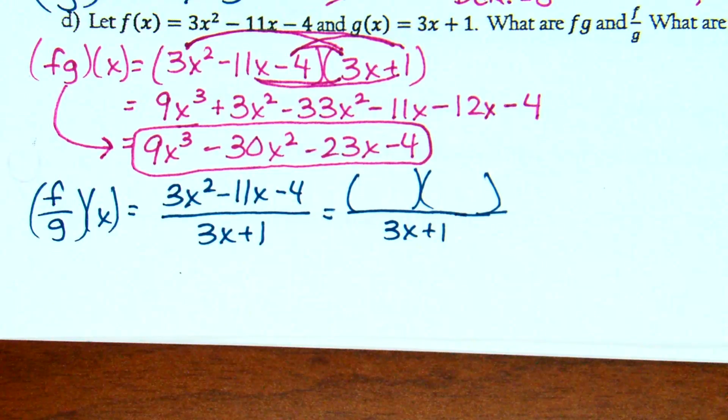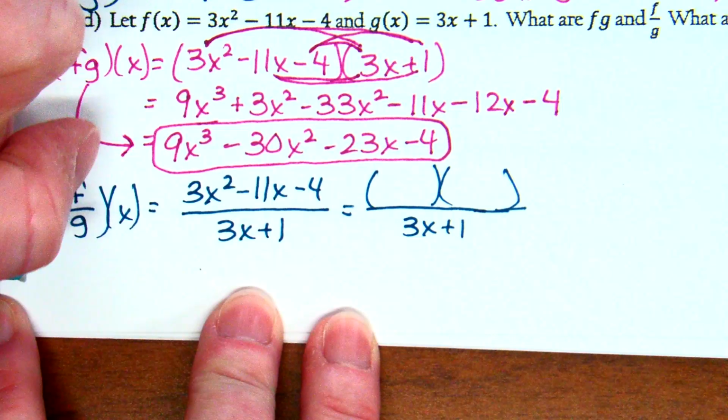Now, what's the catch? There's a 3 out front. It's 3x squared. Now, we can't just take the 3 out front, though. What's our form? We have to do product of AC. So, I don't really have room, but I'm going to kind of write it down here.